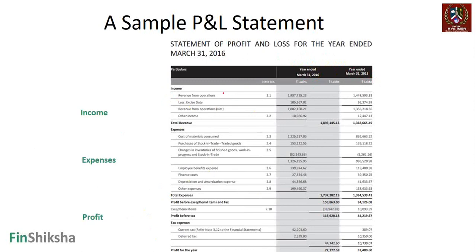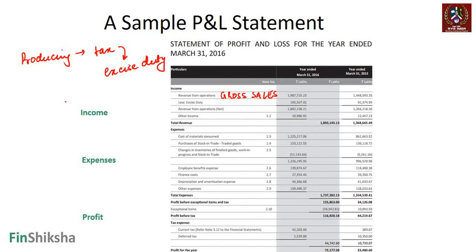This is what is called gross sales, right? It's called gross because that's the actual money you are making on selling something. Now, whenever you are producing something, there is a tax on this production. This tax that the government puts is called excise duty.